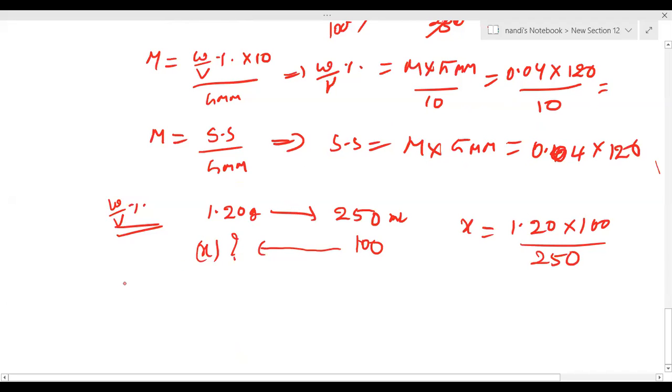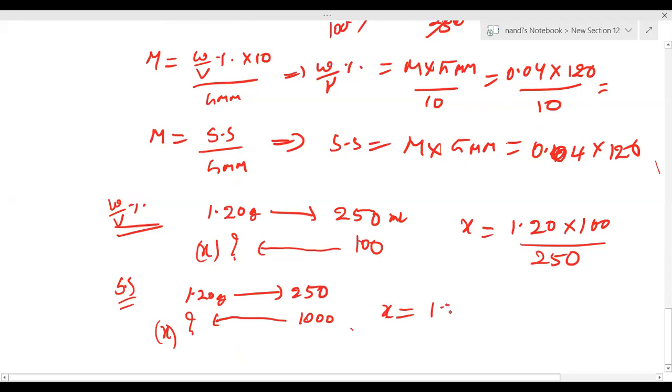Next, strength of solution by using the definition, sir. 1.20 grams dissolved in 250 ml of solution. But the definition of strength of solution is how much is dissolved in 1 liter or 1000 ml. So this is X, calculate X. This is your answer.